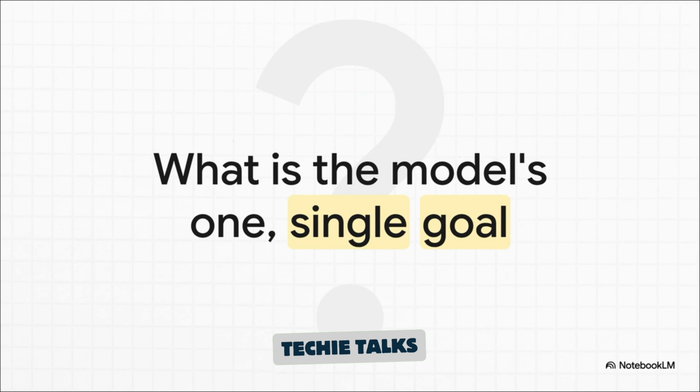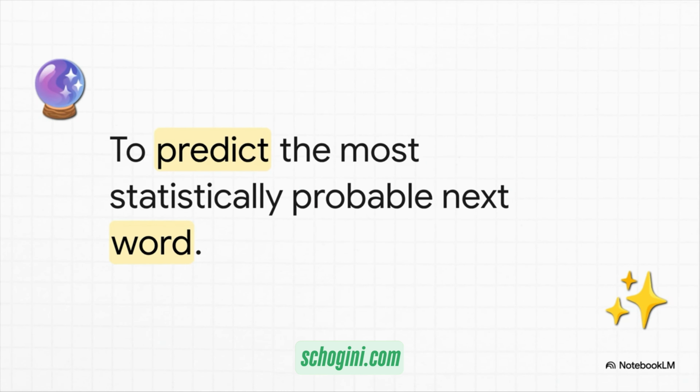So after all that, the tokenizing, the embeddings, that wild self-attention thing, what is the one simple thing it's trying to do? And the answer is surprisingly simple. Its entire job is just to predict the next word. That's it. All of that complex machinery, all that processing, exists for one reason: to make the best possible statistical guess for what word should come next in the sequence.